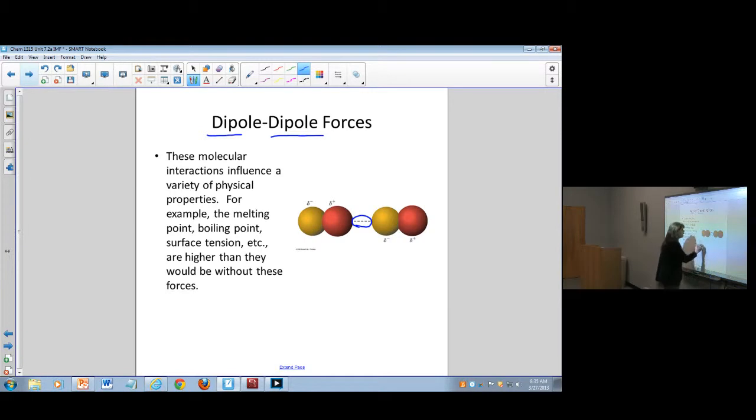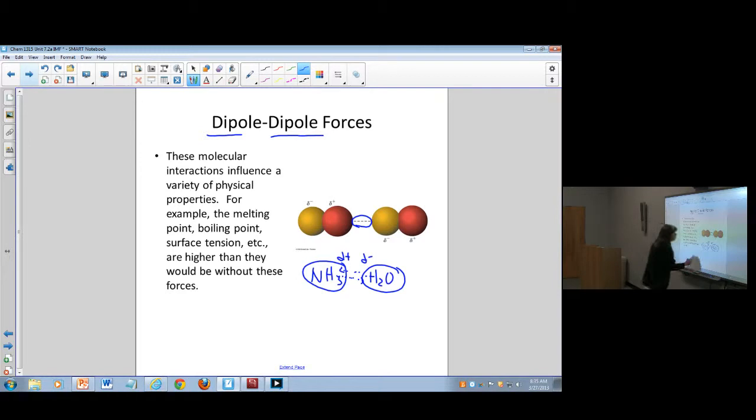So we might go back to our NH3 and maybe H2O. Let's assume for the moment that NH3 on this end is partially positive and the H2O partially negative. They're going to orient themselves in such a way that the negative end is interacting with the positive end and vice versa. So those are dipole-dipole forces.